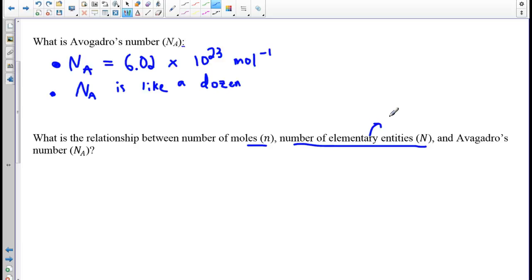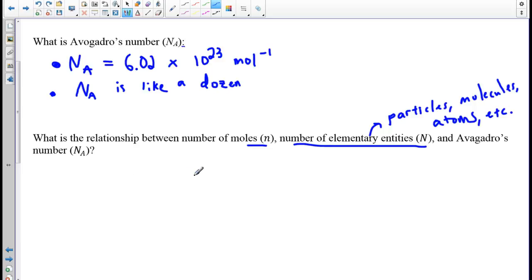Elementary entities could be particles, molecules, atoms. So what's the relationship between little n, number of moles, big N, how many you actually have, and Avogadro's number?